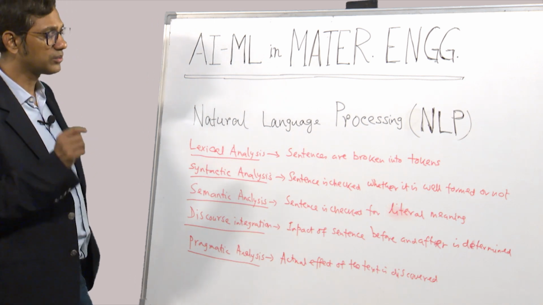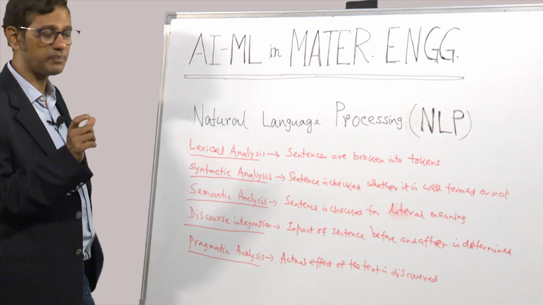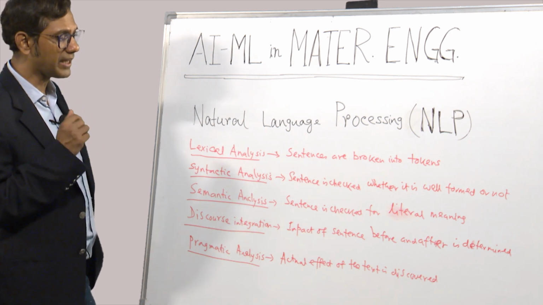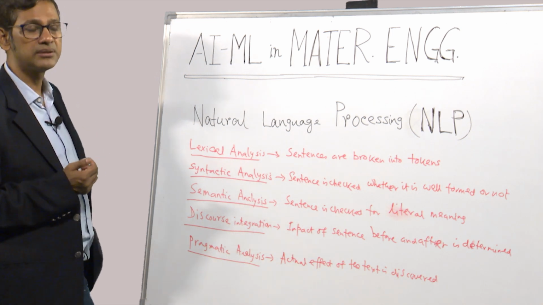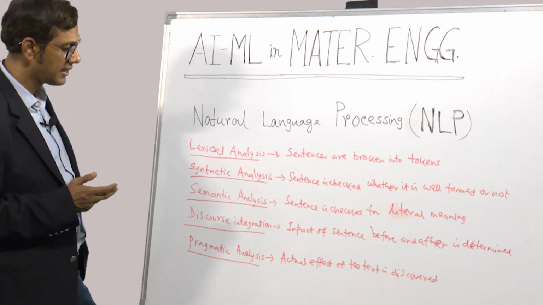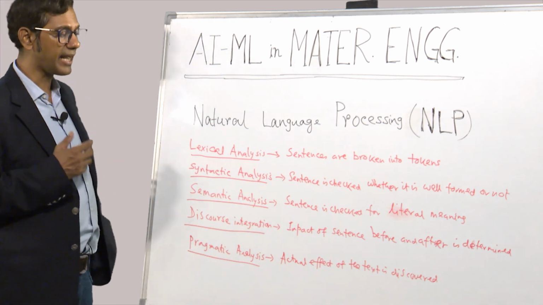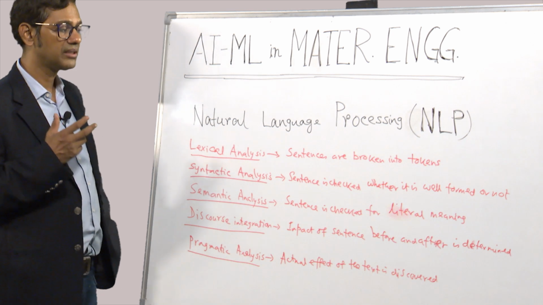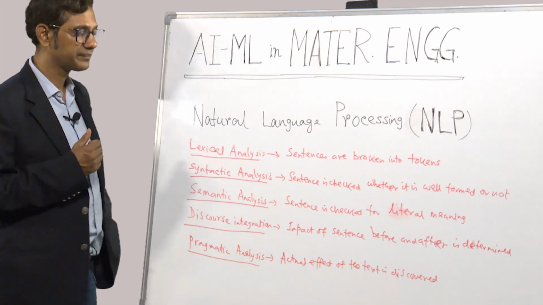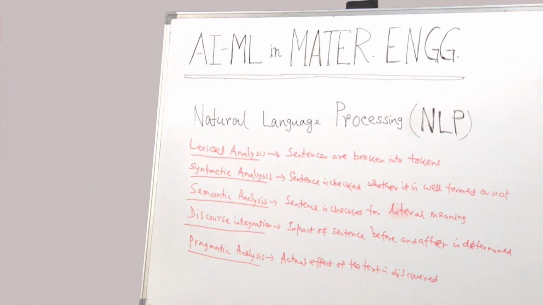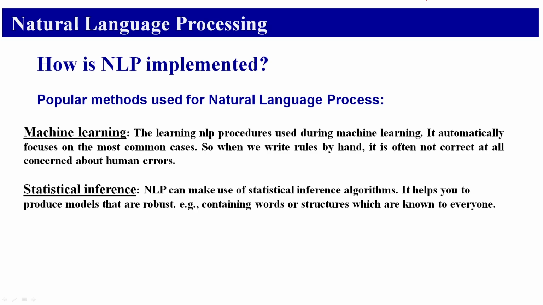Discourse integration: if I have a sentence placed in a text, the impact of the sentences before and after it can be determined. And finally, pragmatic analysis: the actual effect of the text is discovered. These are the different parts of NLP, and NLP uses each of these as one mechanism to do analysis.